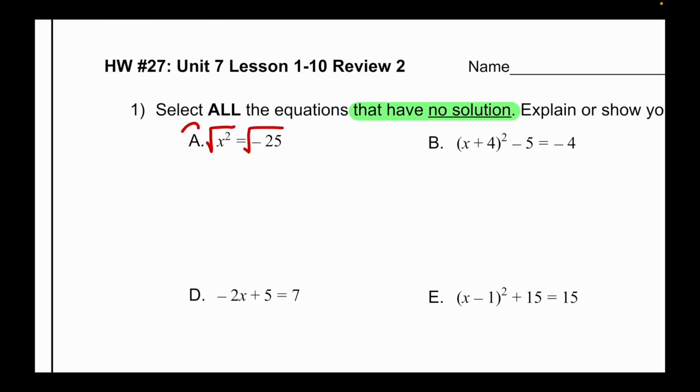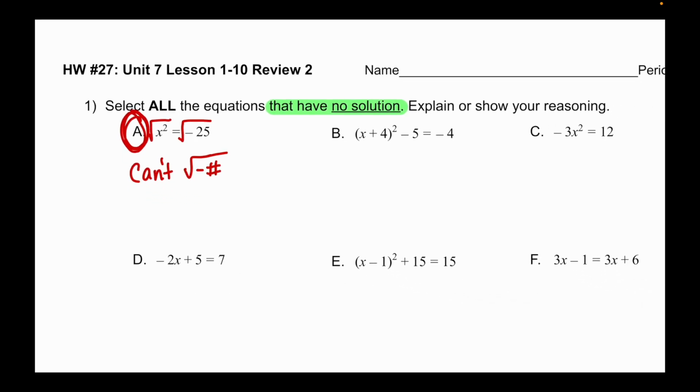So I would say that A is one of our answers because we can't take the square root of a negative number. Cannot square root a negative number. And that would give us no solution. Now, if I'm taking the square root of a positive number, that's going to give us 2 solutions.